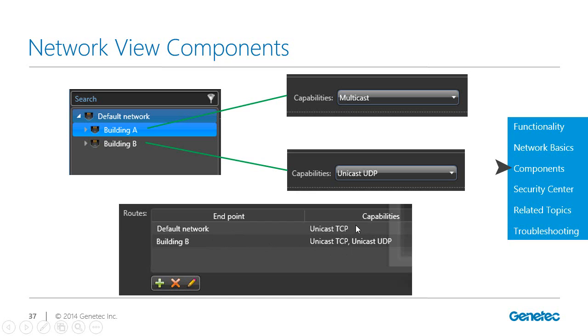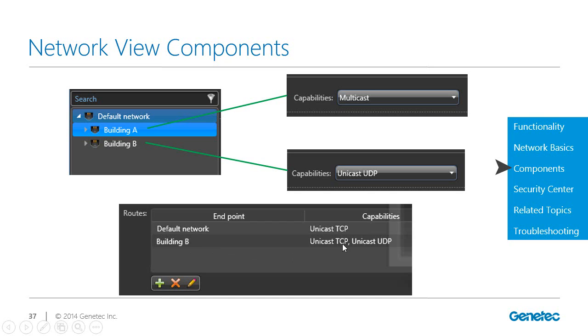So for example, if we had a network for building A, which can support multicast, and we have a network for building B, which the capability supports unicast UDP, we should be using unicast UDP. Now from the building A network, like we have selected here, we would add a route to the endpoint named building B, like we have here, and choose unicast UDP in the capabilities. As you can see, it also takes unicast TCP into account, as we mentioned.